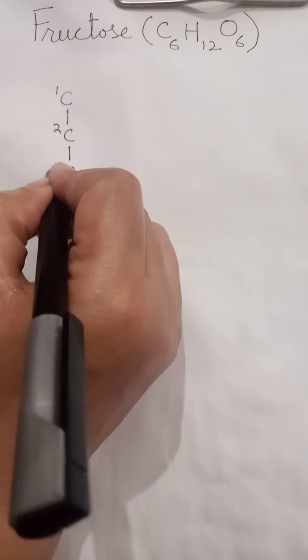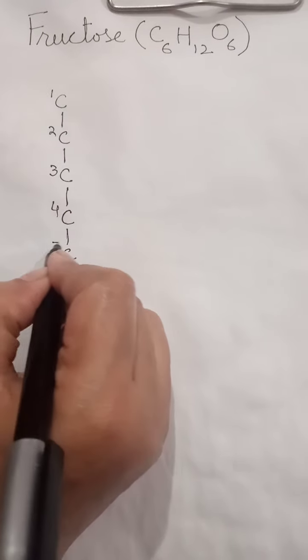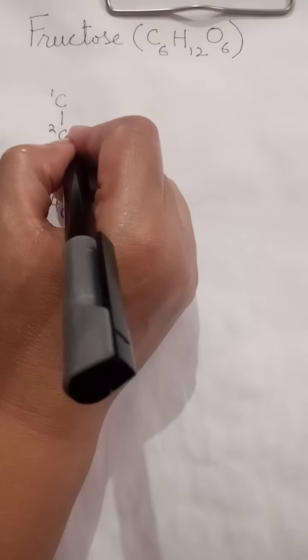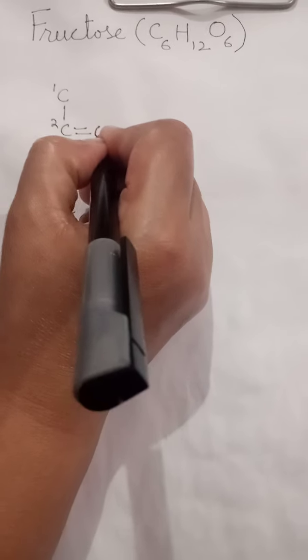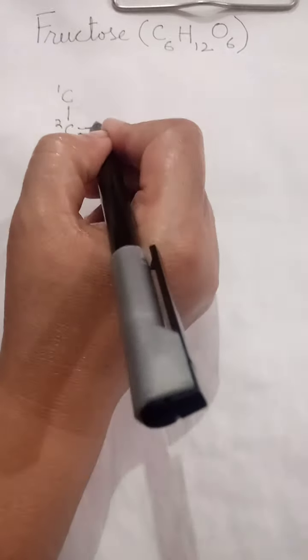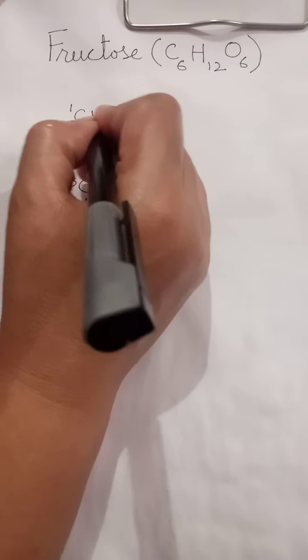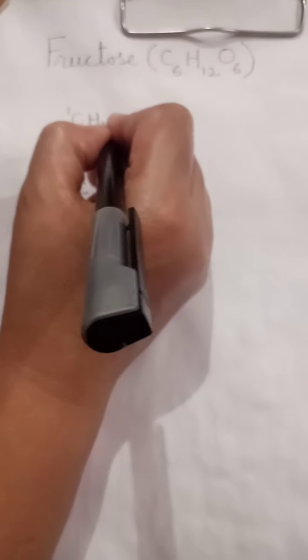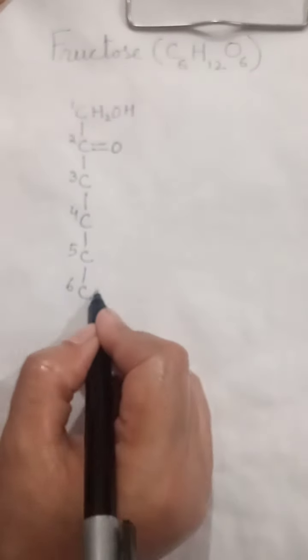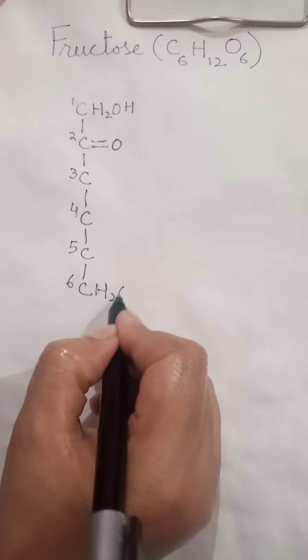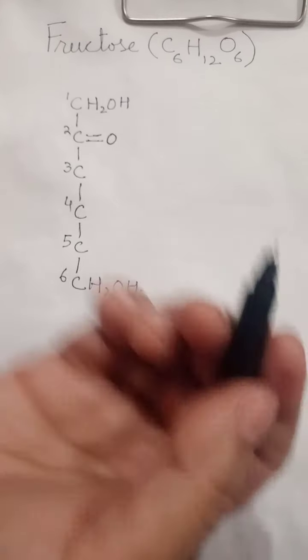Now let me number these carbon atoms. Now this is a keto sugar, so a double bond to O will be there. C double bond O with carbon number 2, and then here a CH2OH group, and carbon number 6 is a CH2OH group.